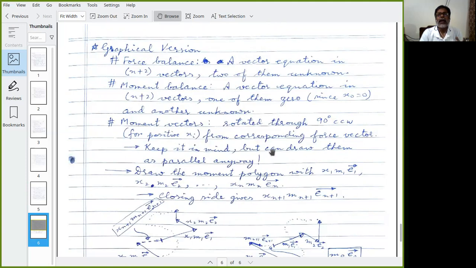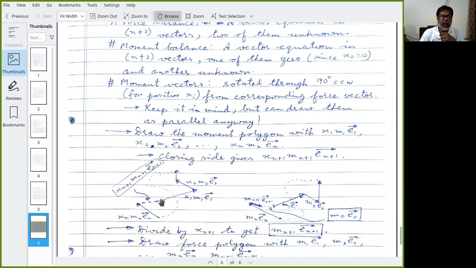But while drawing, you can draw them as parallel because then you will say that this entire moment diagram is actually 90 degrees physical. So first draw the moment pointer with the moment of the first unbalanced force, second one, third one, and so on.